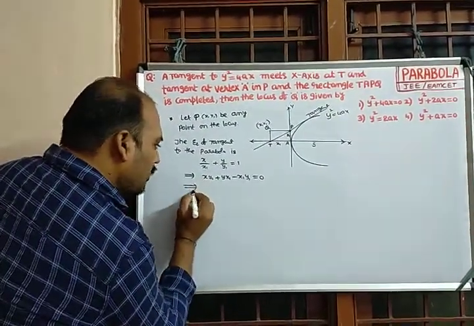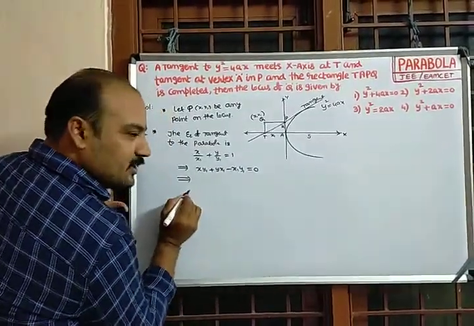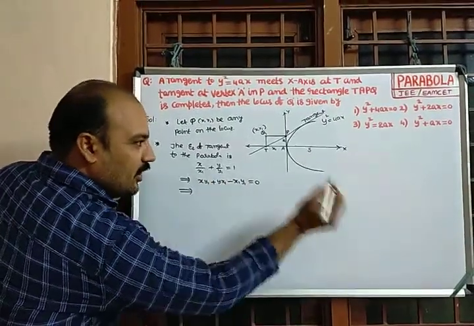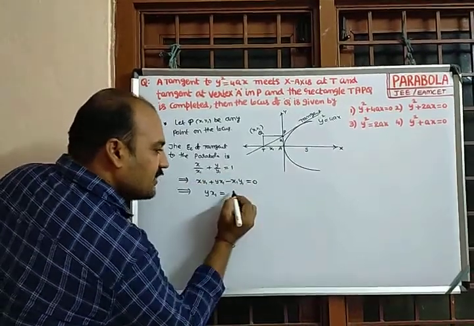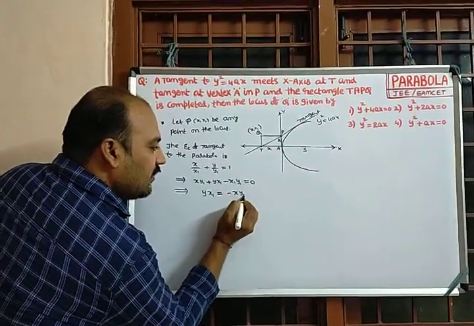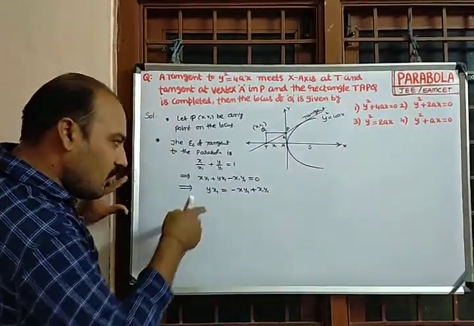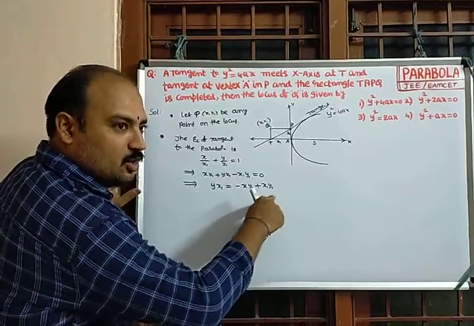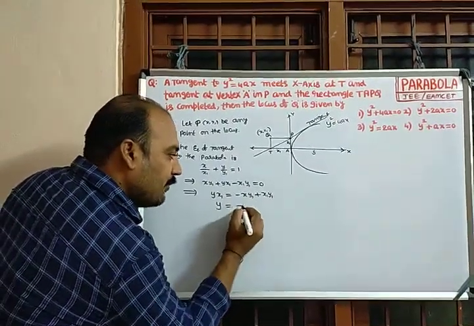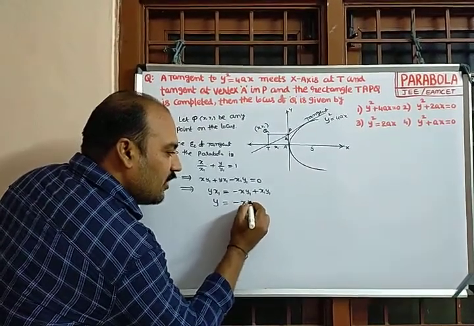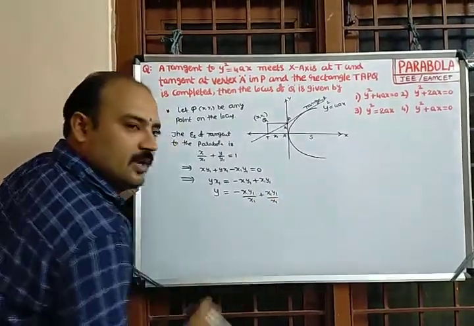This equation you make in the form of y is equal to mx plus c. So y is equal to mx plus c means here the y term is required, remaining we take to the other side. So y x1 is equal to minus x y1 plus x1 y1. I want to keep only the y value to get the form y is equal to mx plus c. So y is equal to, dividing throughout by x1, minus x y1 divided by x1 plus x1 y1 divided by x1.